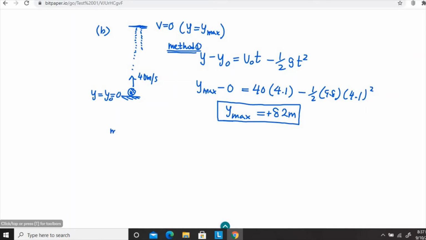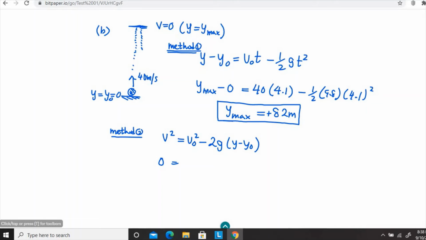Now method 2 to solve this same problem is to use the other kinematic equation, that is v squared equals v naught squared minus 2g times y minus y naught. So that's the other equation. We know v stands for the velocity at the highest point, that is 0.